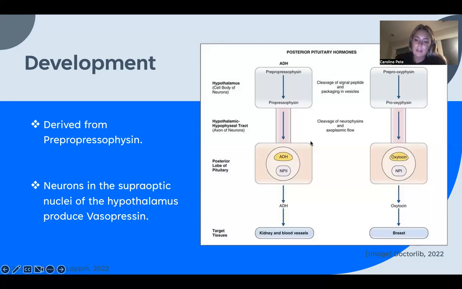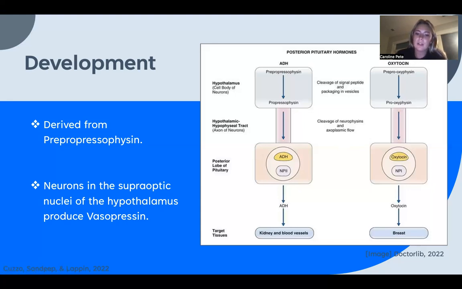So right here, we have a nice visual representation of this process. So here you can see on the right is the oxytocin that we talked about. And then over here is the ADH or vasopressin.